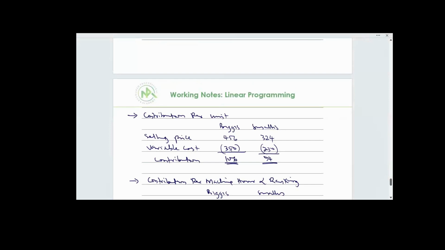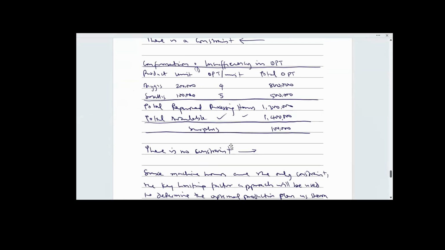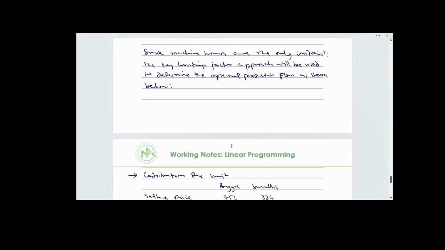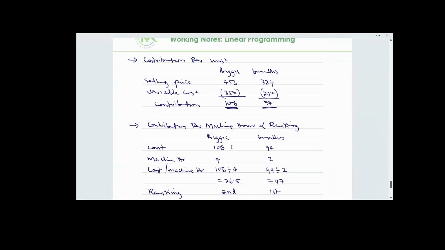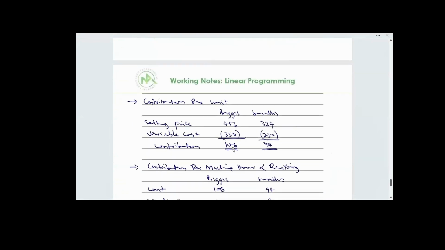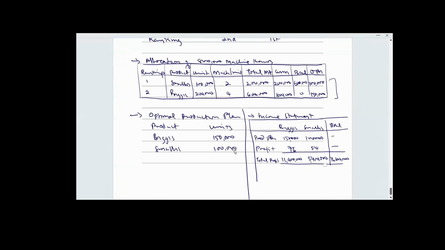Last time, when we were solving for number C, our production plan, when we did our allocation, we had to produce 150,000 units of Biggies and 100,000 units of Smallies.